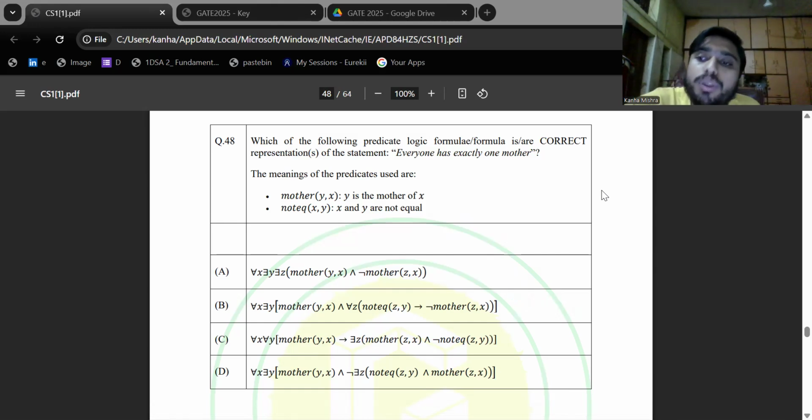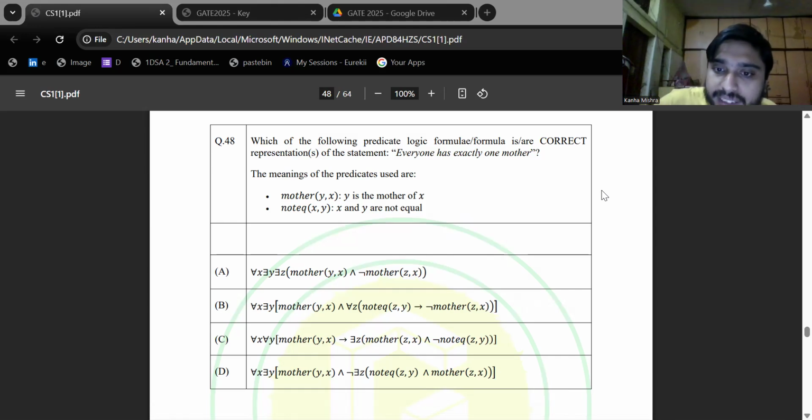The statement which we want to represent is: everyone has exactly one mother. This can be broken into two parts. First, for every person X, there exists at least one mother Y such that mother(Y, X) is true.